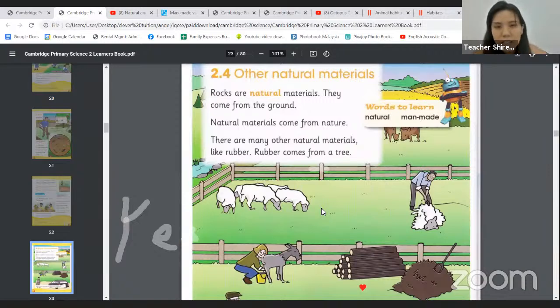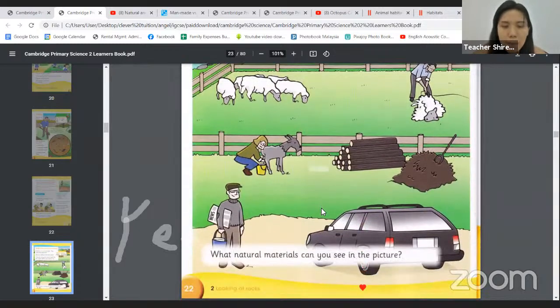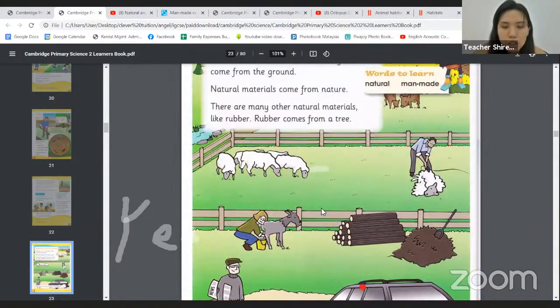So today I'm going to teach you about man-made and natural materials. Do you know what is meant by materials? For example, this Tupperware. What is the material of this Tupperware? It's plastic.